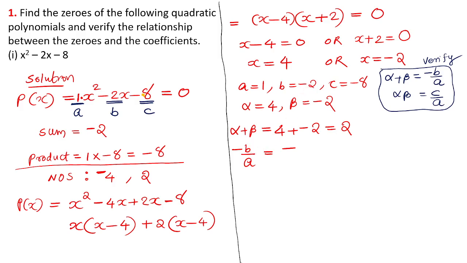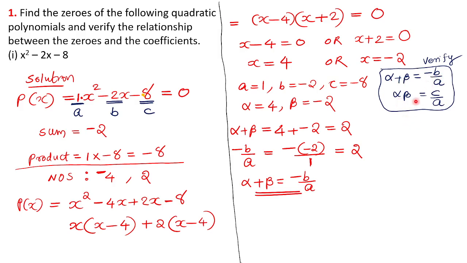So minus of minus 2 by a. A is 1. Minus of minus becomes plus. 2 by 1 is 2. Alpha plus beta is 2 and minus b by a also 2. So I can write alpha plus beta equal to minus b by a. The first part is verified.